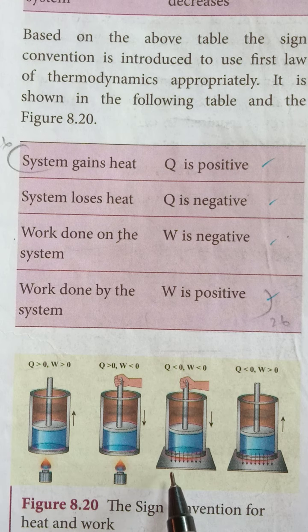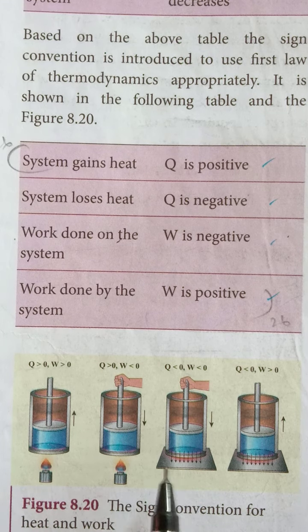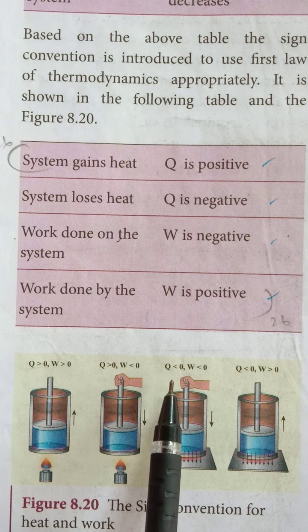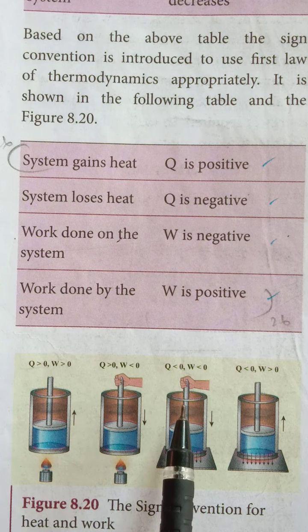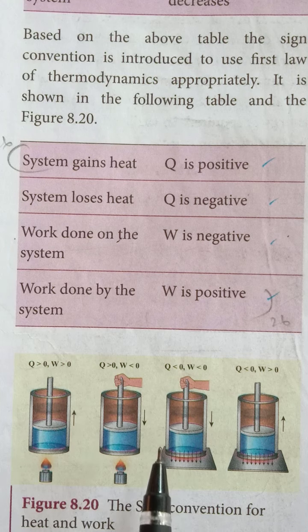Third, there is no heat energy supplied here, so Q is less than 0. The system does not gain heat. But the work done is on the system, so W is less than 0.